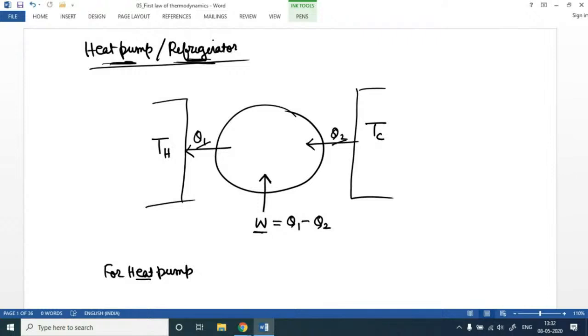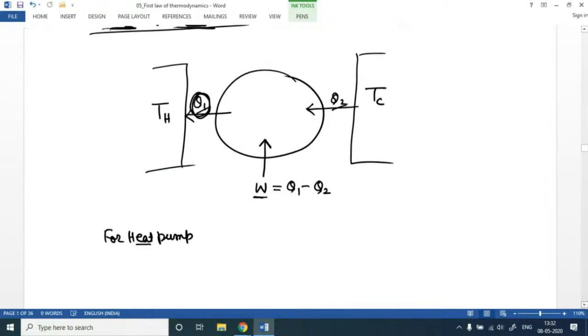So from the surrounding we take heat and deliver it to our room. So for a heat pump, we are interested in how much heat is delivered to the hot region. The coefficient of performance for a heat pump is defined as Q1 upon the work done, that is Q1 minus Q2. Obviously for a Carnot cycle, Q2 by Q1 is TC by TH, etc.